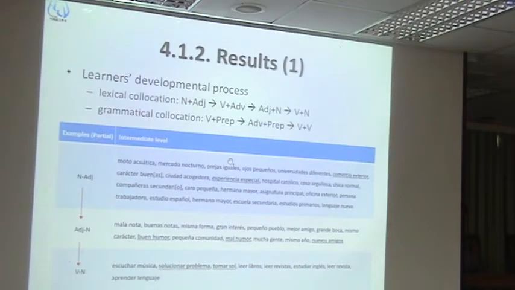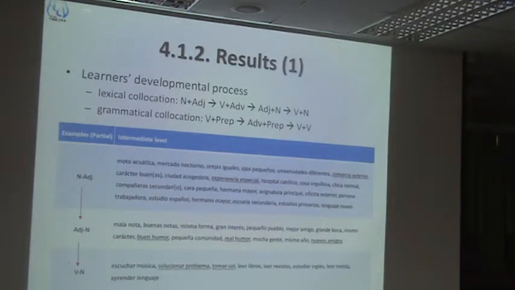We conclude that these abstract concepts are learned at the previous stage of the developmental process. And later, they learn adjective and noun and start to distinguish the difference between noun-adjective and adjective-noun collocation, like buen humor, mal humor, meaning good mood or bad mood, and nuevos amigos, which is new friends.